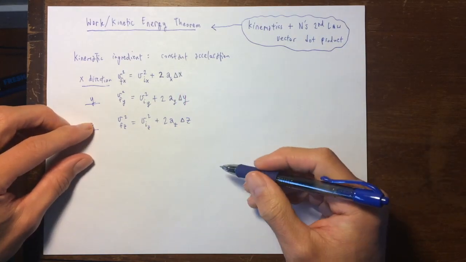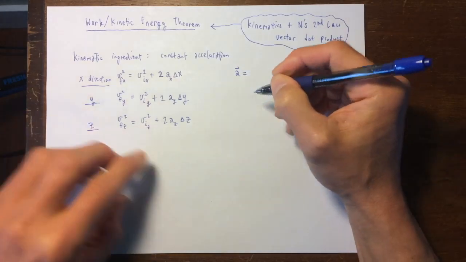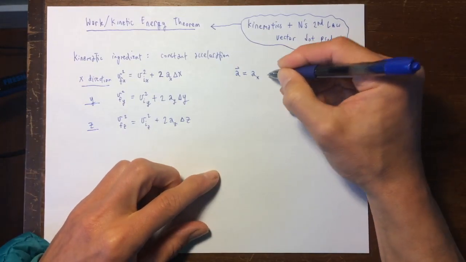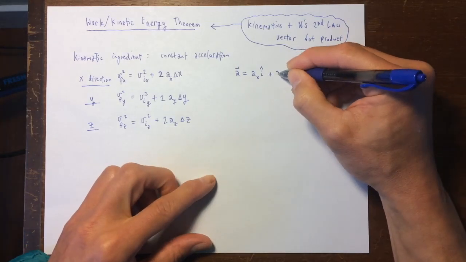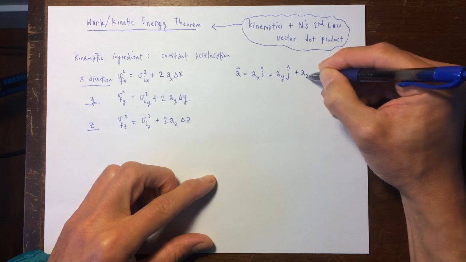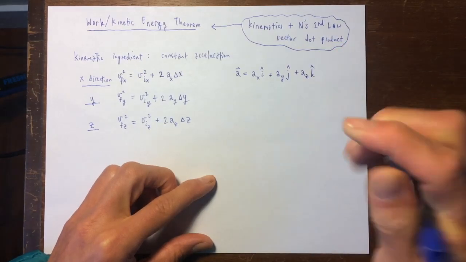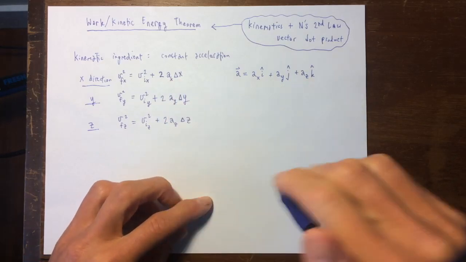For a constant acceleration, the acceleration is a vector. It's the x component times the x direction i hat plus ay j hat plus az k hat. So ax is here, ay there, az there.